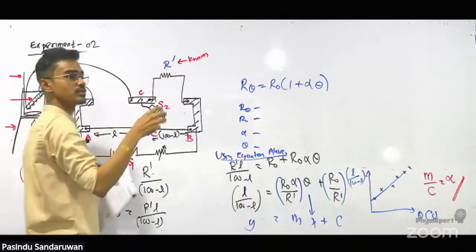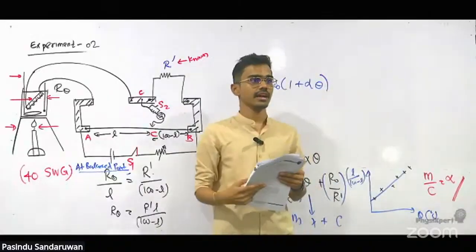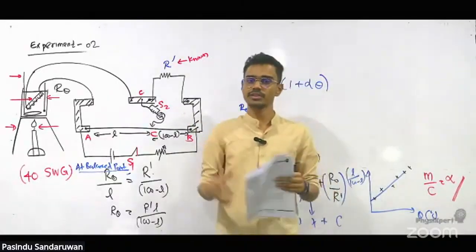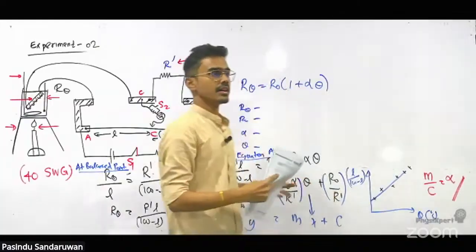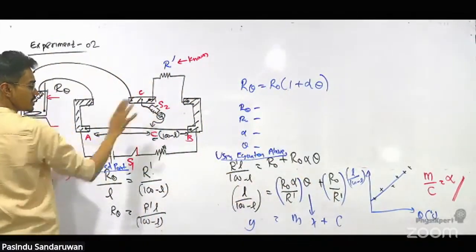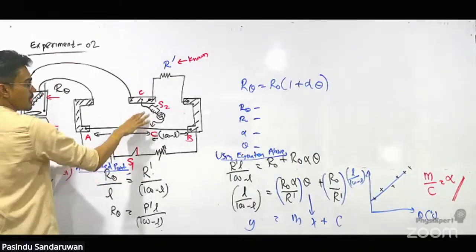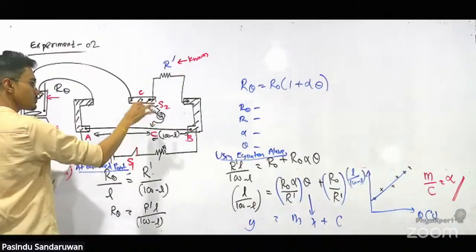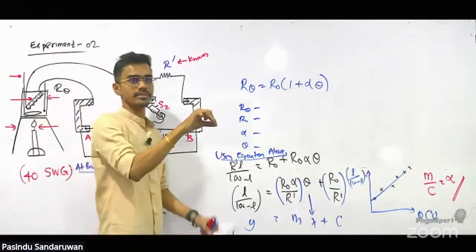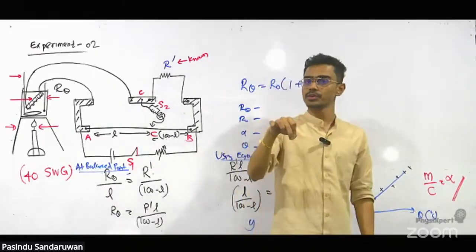The safeguard resistor is to safeguard our galvanometer, because galvanometers are very sensitive. So initially S2 is open, only S1 is closed, and by keeping this open, first you find the rough balance point.